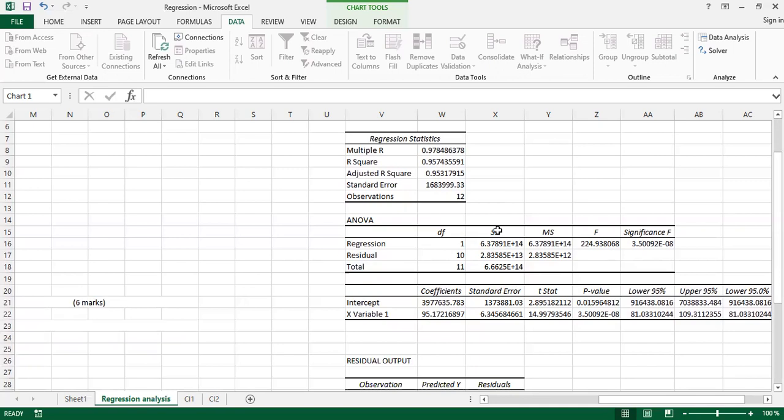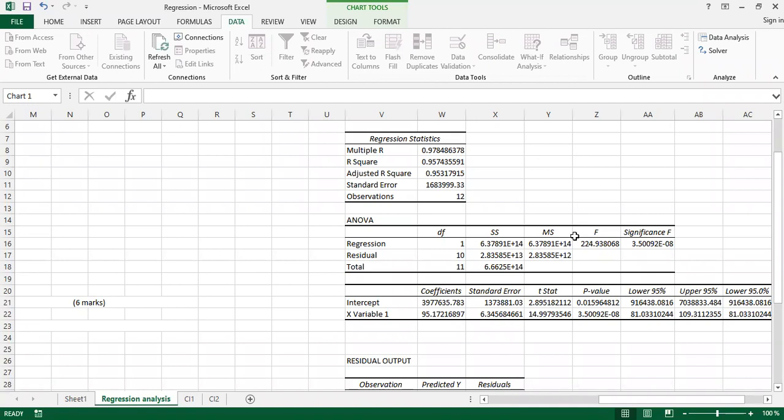And then the sum of squares, the SS, estimates the overall variation of the data from its mean, isn't it?